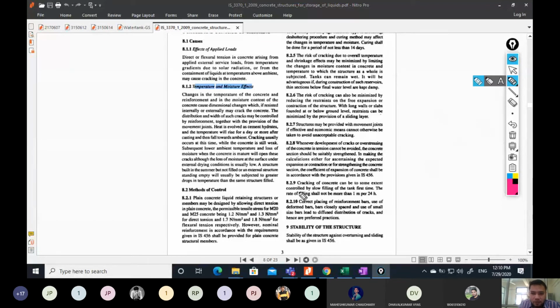For plain concrete, I think this same thing is given in the part 2 also.